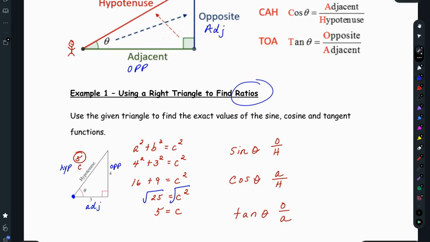So my opposite side is 4. My hypotenuse is 5. For cosine, it's going to be adjacent over the hypotenuse, that's going to be 3 over 5. And the tangent is going to be the opposite over adjacent, TOA. And that's it. It's really that easy.